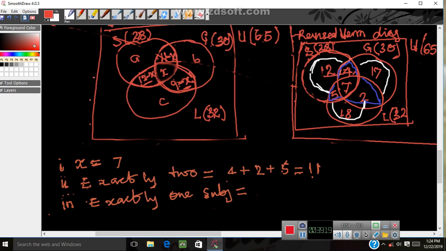I've got 12 plus 18 plus 17 equals, so I've got 30, 32, 40, 47.